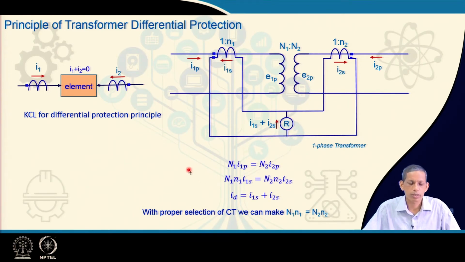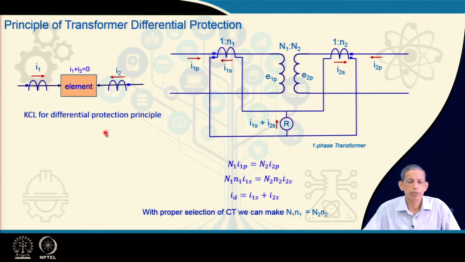So, we will start by considering the basic principle of differential protection for a transformer. Differential protection, whether for a transformer or any other element like a bus bar or a transmission line, can be applied to any element in the power system.